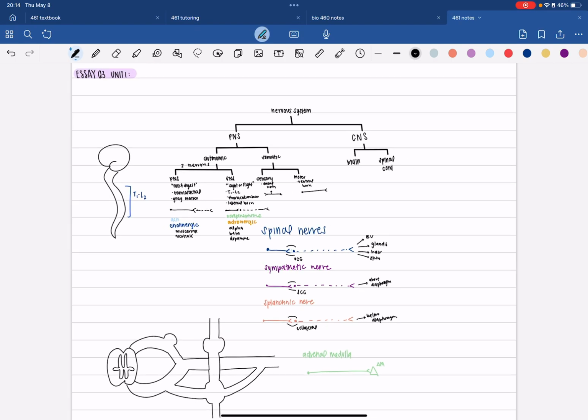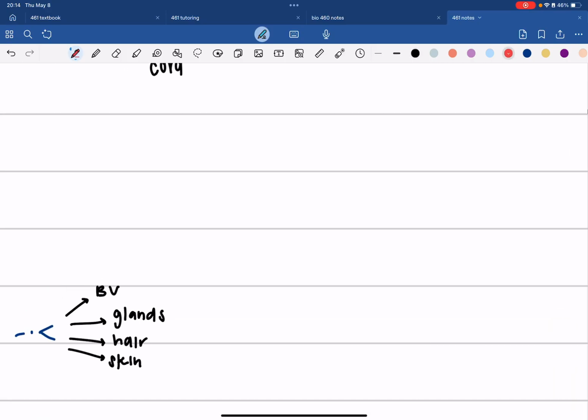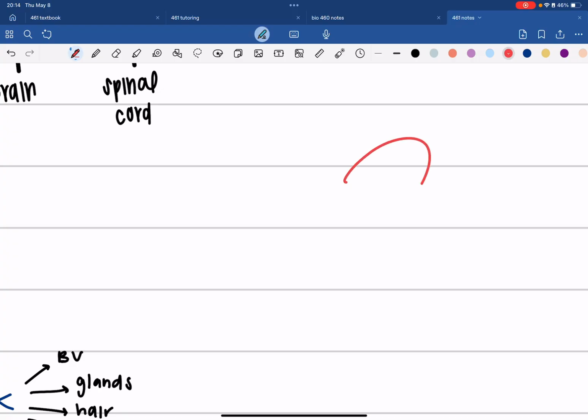Then each organ is going to have nicotinic or beta, alpha, muscarinic type receptors that will respond to either a sympathetic or parasympathetic response, and your body will react accordingly. It's kind of fascinating. Then, for example, we'll just go through one action. Let's say the heart. Draw out a little heart.